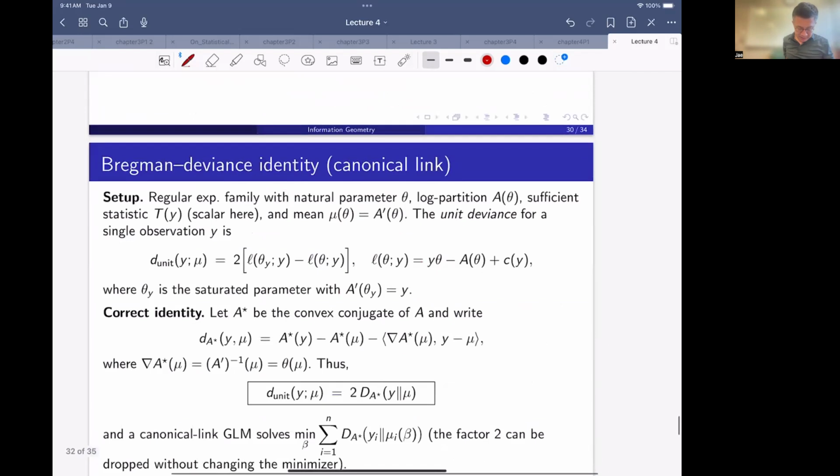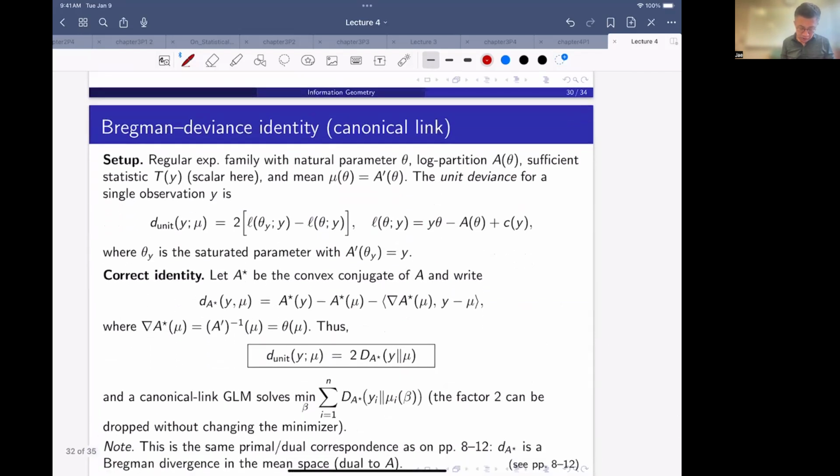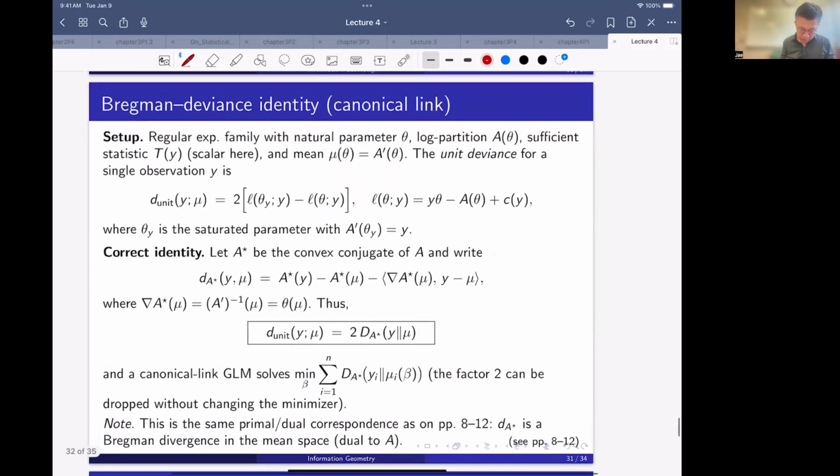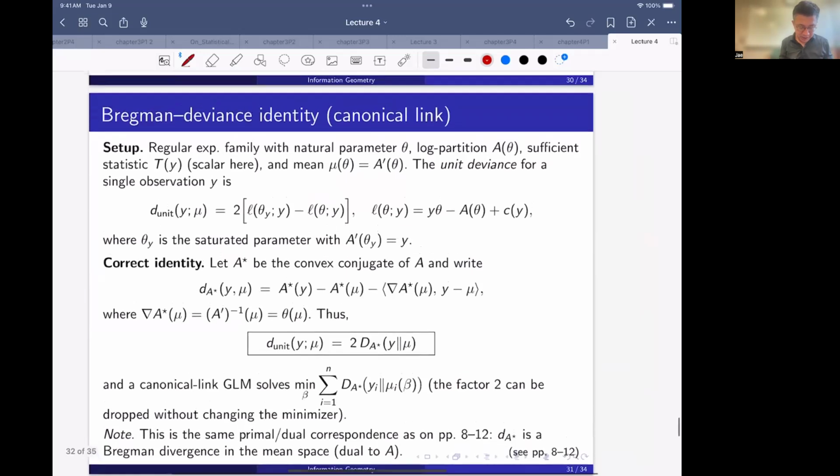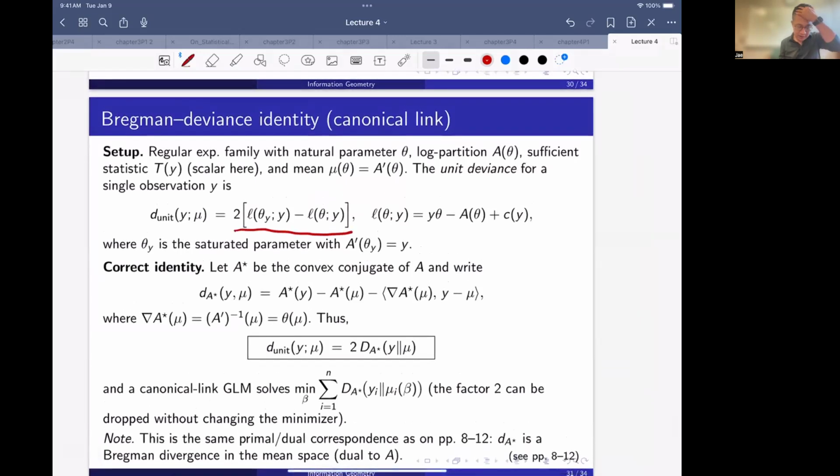One interesting part I found is that the deviation here turns out to be the convex conjugate Bregman divergence. So remember, this is data, and this is the mean. This is the Bregman divergence between data and the mean, but now you need to use the dual convex conjugate function.